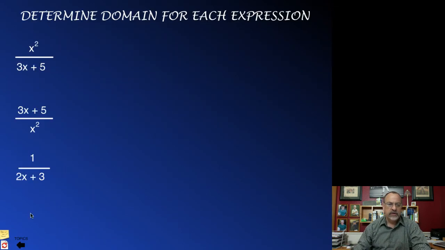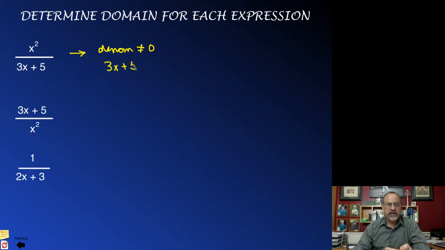Okay, so for example, as I look at this first example, I notice that this is a division problem and it has a variable in my denominator. Now I know that I can never have the denominator be 0, so I'm going to take what I know, the denominator cannot be 0, and I'm going to simply substitute in the denominator. So what's my denominator? 3x plus 5.